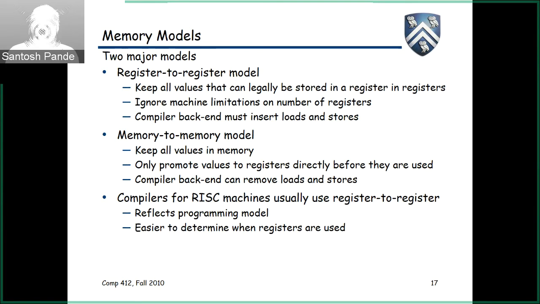And in order to bring the value into a register, or when we cannot keep it, we have to use load stores. The second model is more traditional: all the values are kept in memory, and then we promote them to registers directly before they're used, and we insert the necessary load stores for bringing these values.